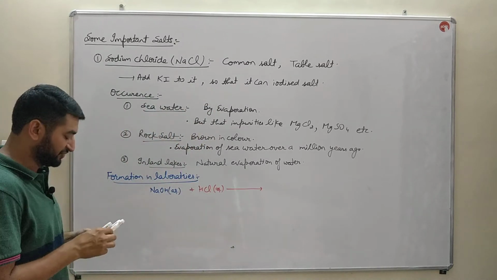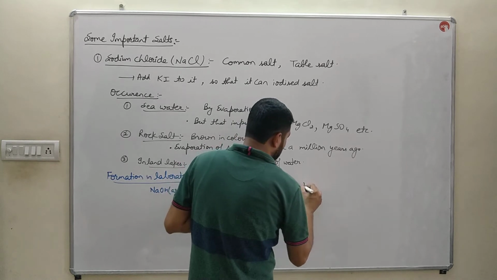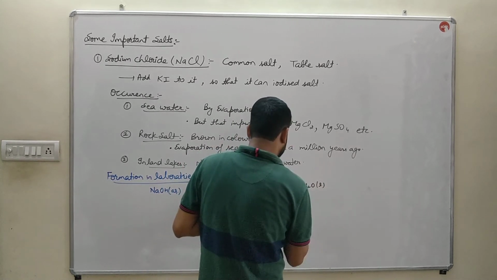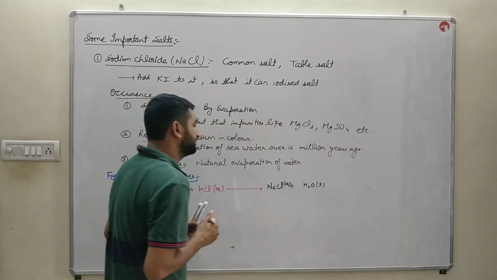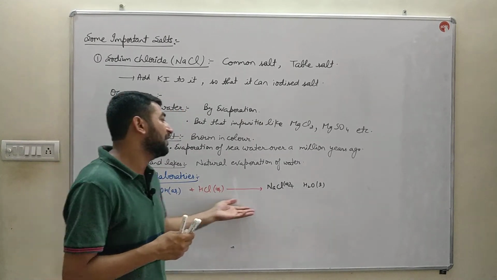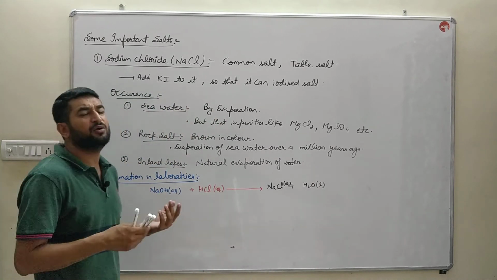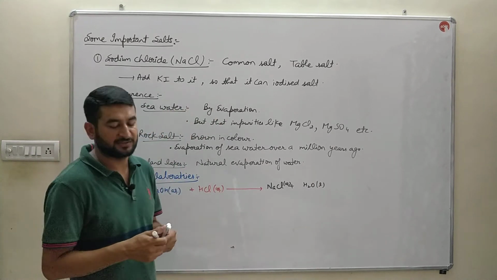When this acid and base react with each other, it will form NaCl and water. This NaCl is formed in the aqueous form, dissolved form. So that's how it is prepared in the laboratory.